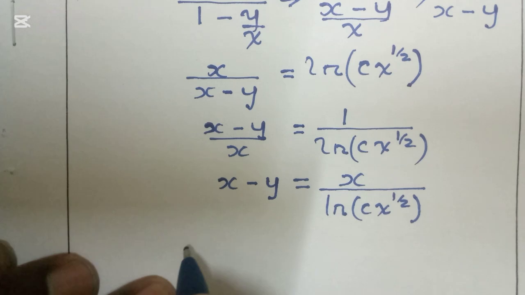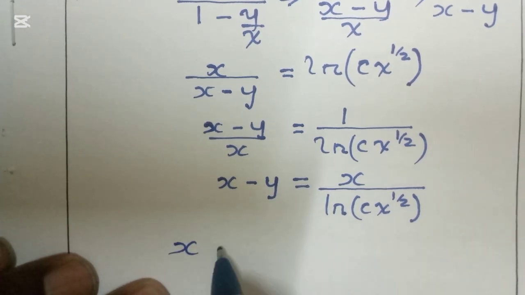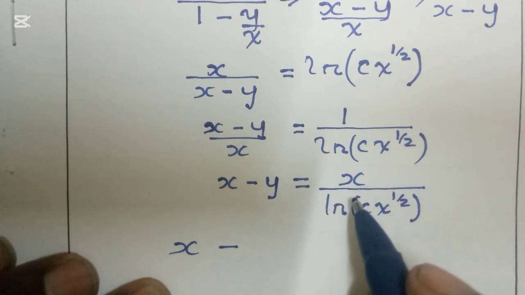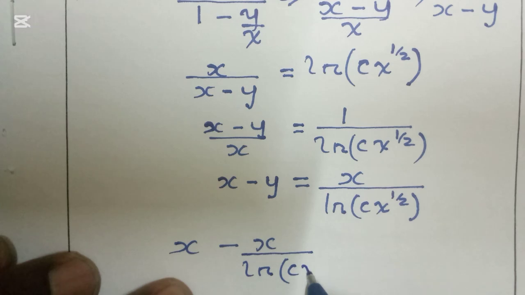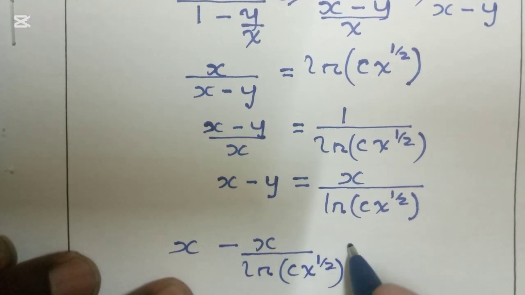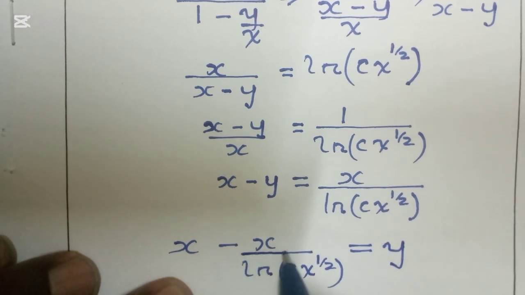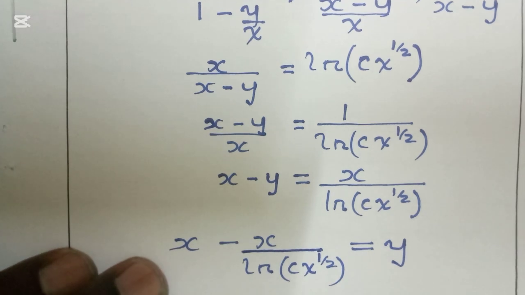It shall be x minus, because this one is positive, it shall now be minus x all over ln c x raised to a half. This one now gives us y. So that is our solution, guys. So here comes our solution finally.